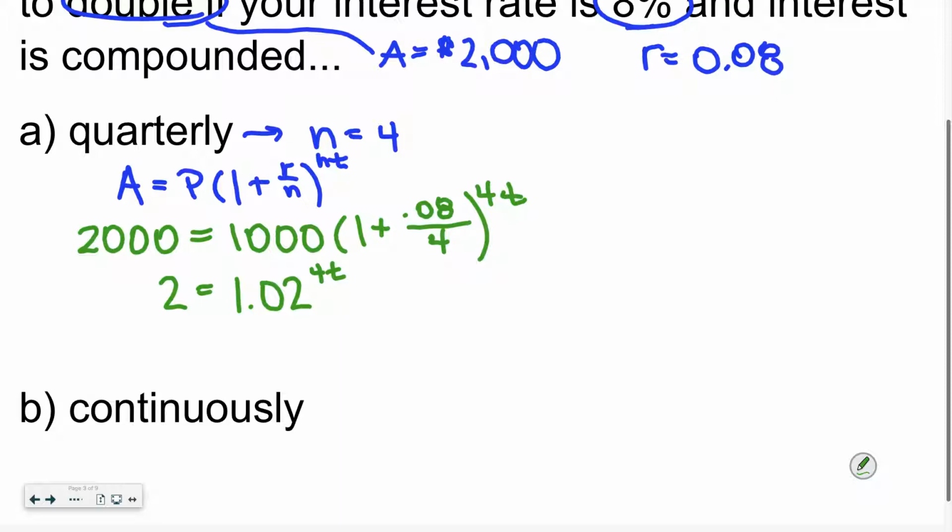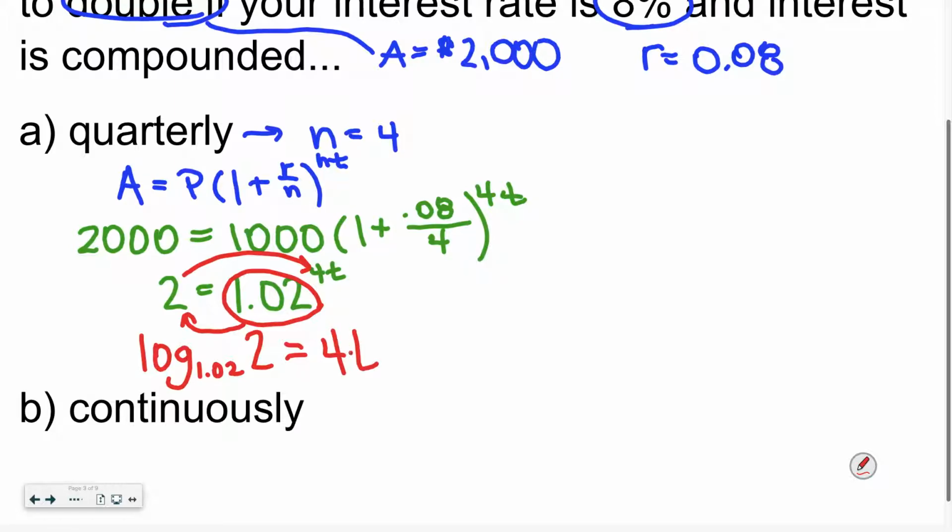Okay? So now we have a nice, simple exponential equation where our exponential piece is all by itself. Okay? So when that happens, we can switch forms. So we have log base 1.02 of 2 equals 4t.